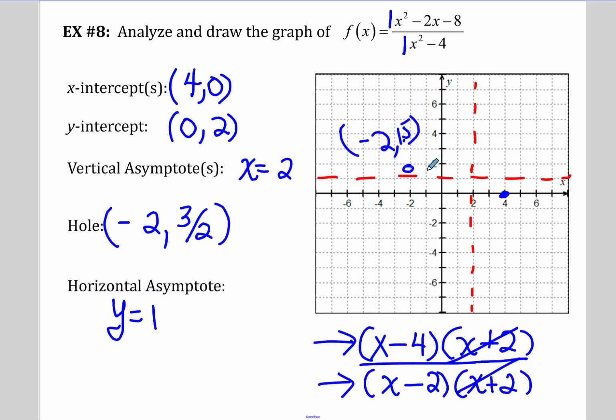You have a y-intercept at 0, 2, so we're going to hover close here, skip over the hole, go through 0, 2, and turn and go up. And we have to cross here, and we can't go past the horizontal asymptote, and we can't go past the vertical asymptote. So we have our graph there.